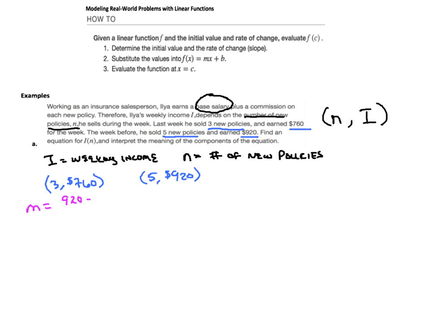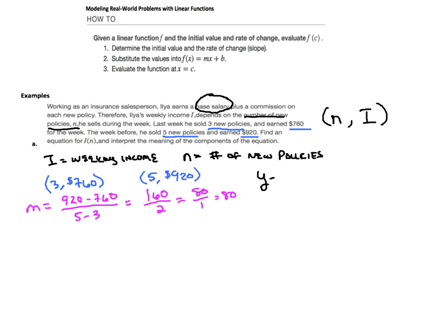I find my slope, 920 minus 760 over 5 minus 3, and 920 minus 760 is 160, and that's divided by 2, which is 80 over 1, or just 80. So my slope is 80.